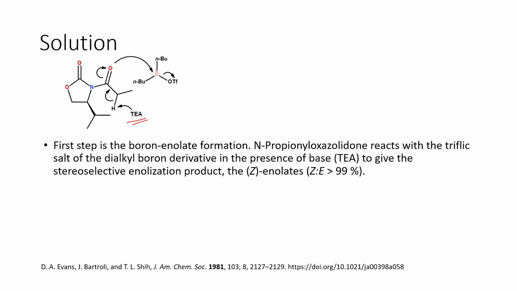So this oxide anion attacks the boron, with the OTf, that is the triflate group, being lost. All these things happen in the first step, and this is a very specific reaction.